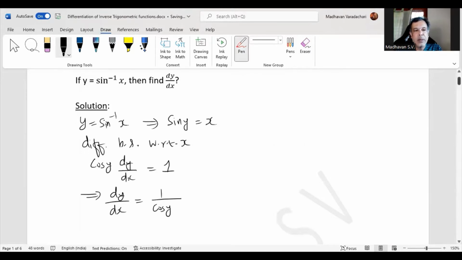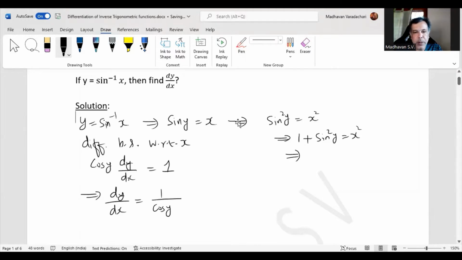Now, since we have this sine y as x, that means our sine square y is nothing but x square.